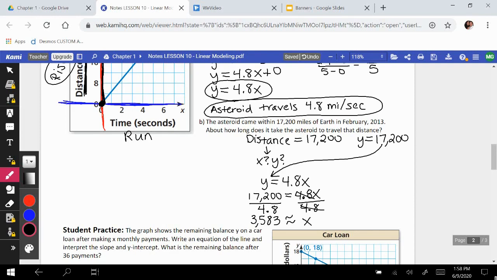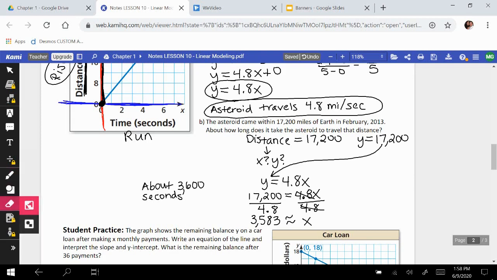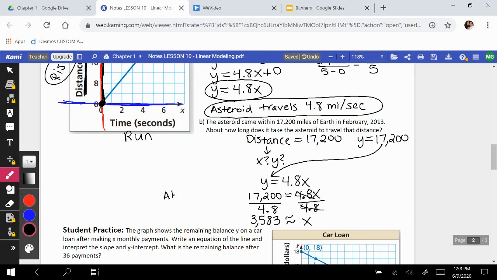So we have about 3,600 seconds, okay, so we'll say about 3,600 seconds.